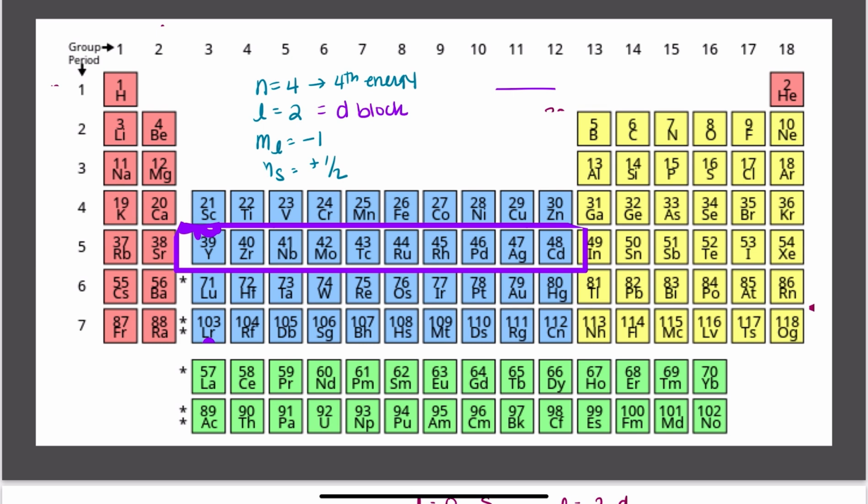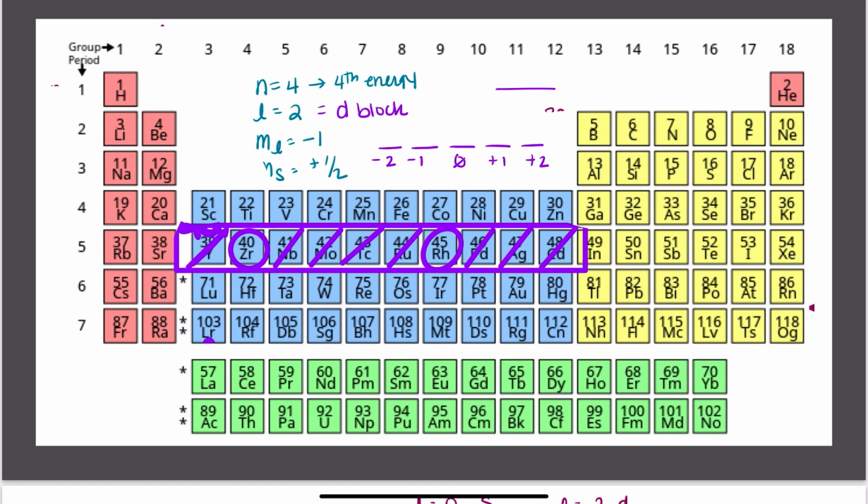m sub l equals -1. The d block has 5 orbitals. l value of 2, which means it goes -2, -1, 0, +1, +2. So this would be -2, this would be a -1, 0, +1, +2.